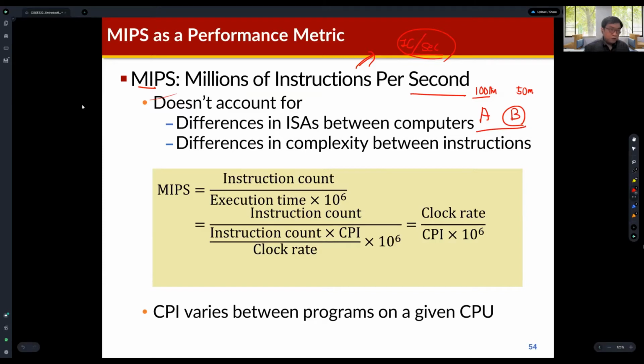Then which one is faster? Someone answers A. Is it always true? It is not always true, actually. Why?